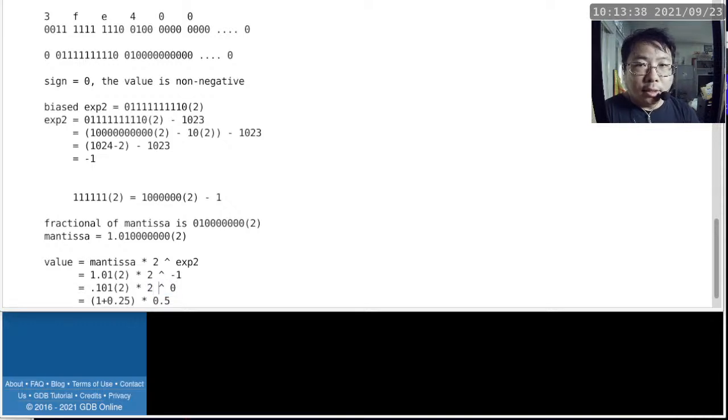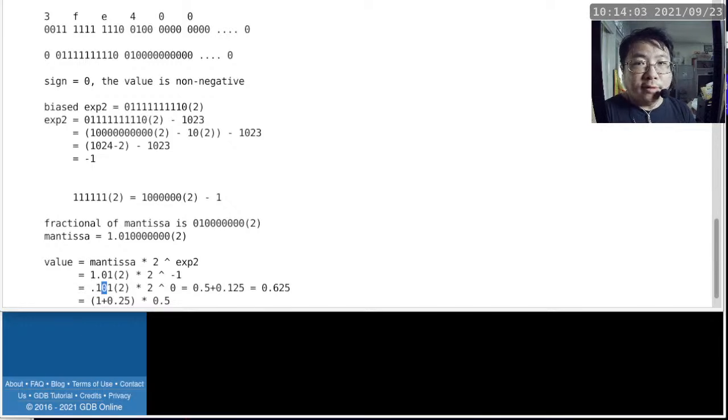So in this case, it boils down to 0.5 plus 0.125, which is also 0.625. The 0.5 is coming from this one here, because this one is representing that we have 1 of 2 to the power of -1.